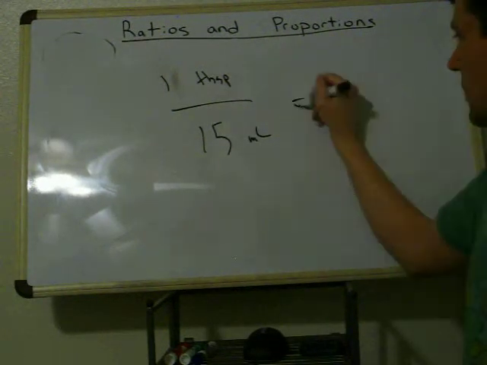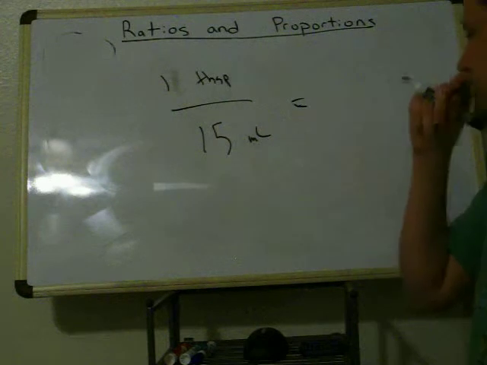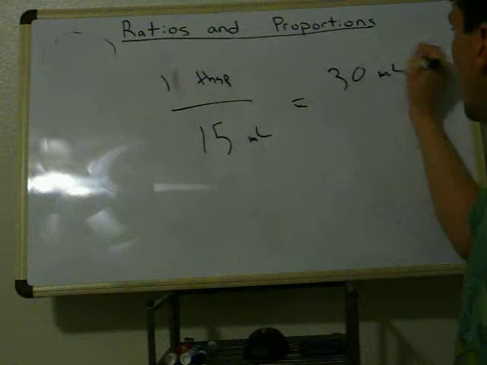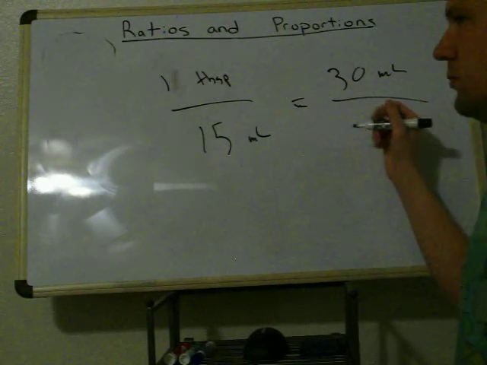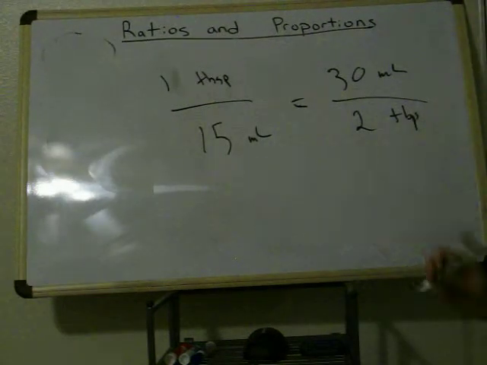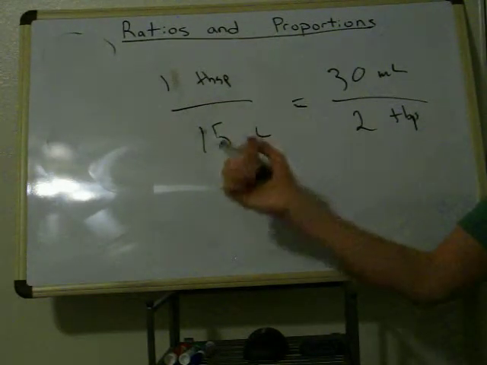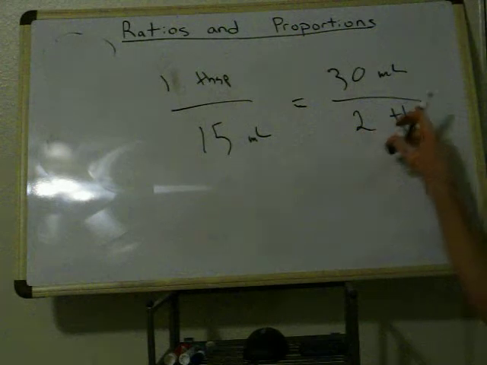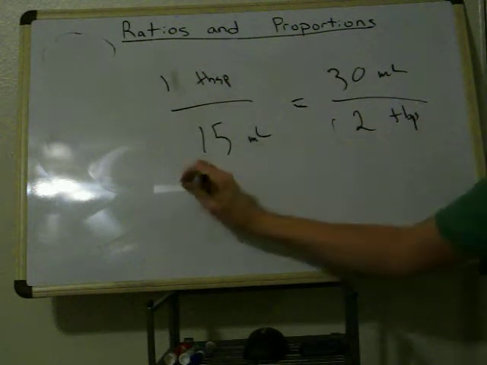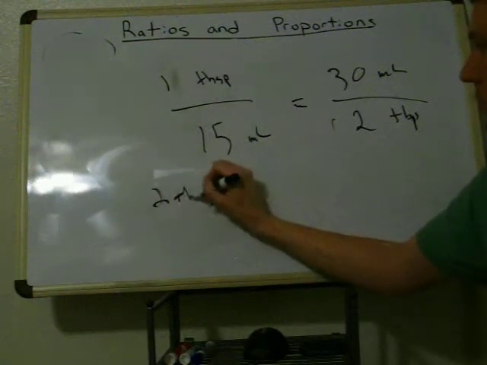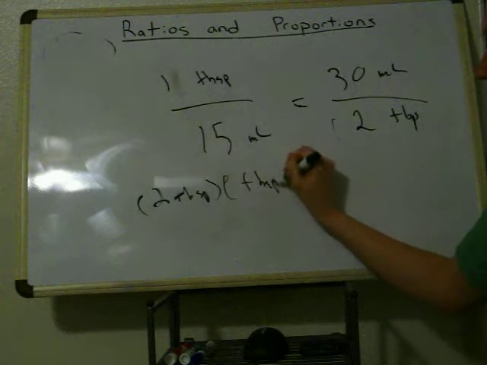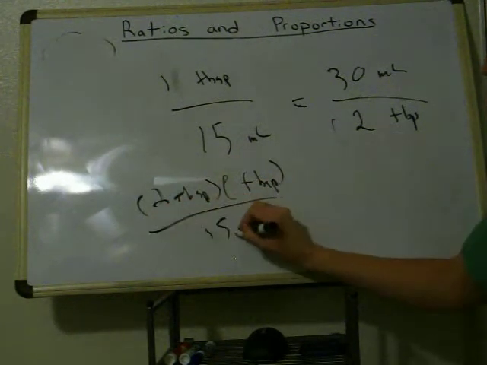And if we say something like 30 milliliters or 2 tablespoons, you want to be careful, because if we multiply both sides by 2 tablespoons, we'll get 2 tablespoons times 1 tablespoon over 15 milliliters.